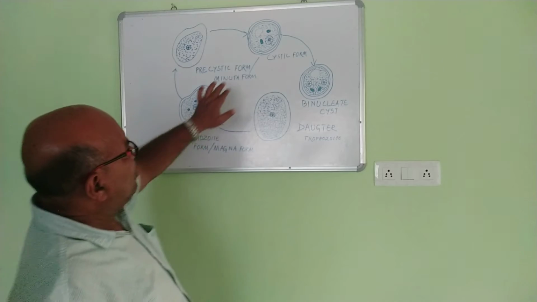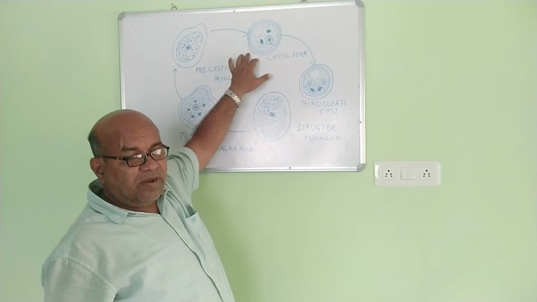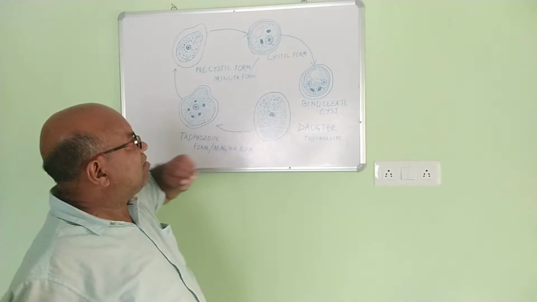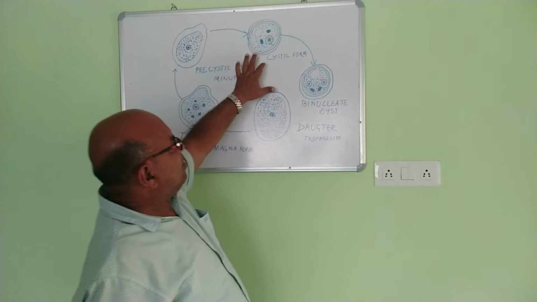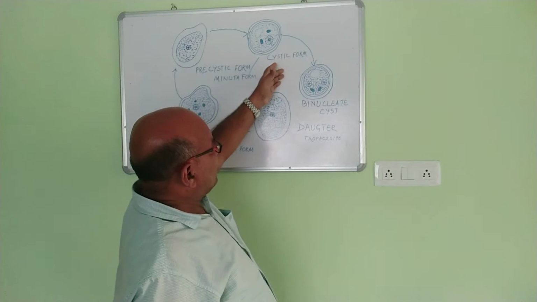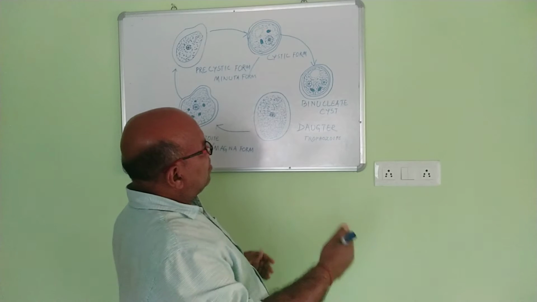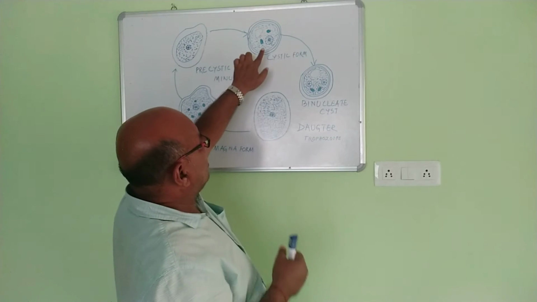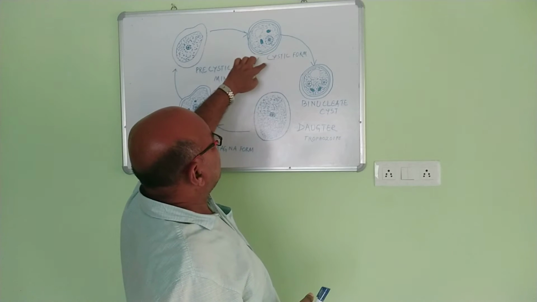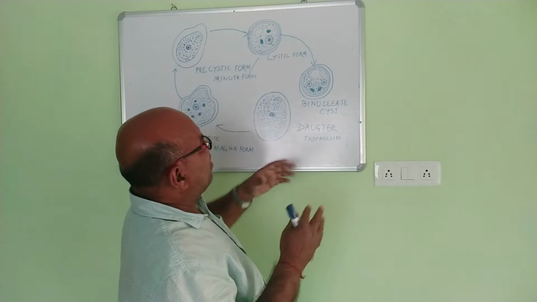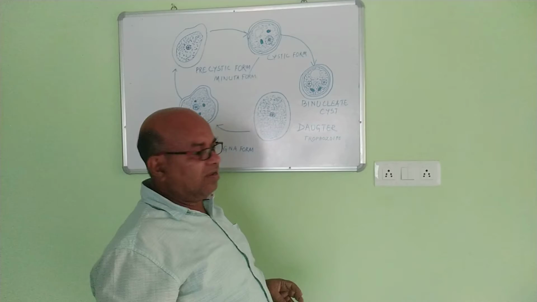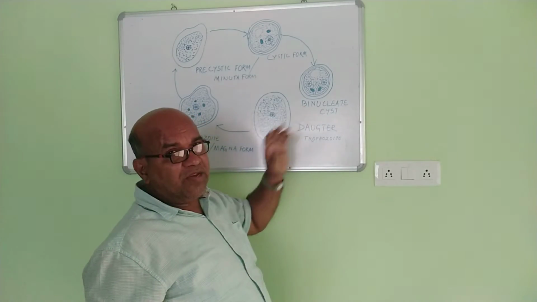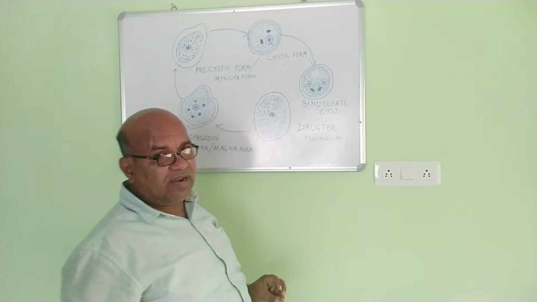It will be prepared for kinesis, and then after some time you find that the nucleus, which is single initially at the beginning of the cystic form, is divided into two daughter nuclei under the process of mitosis, which is called nuclear division.